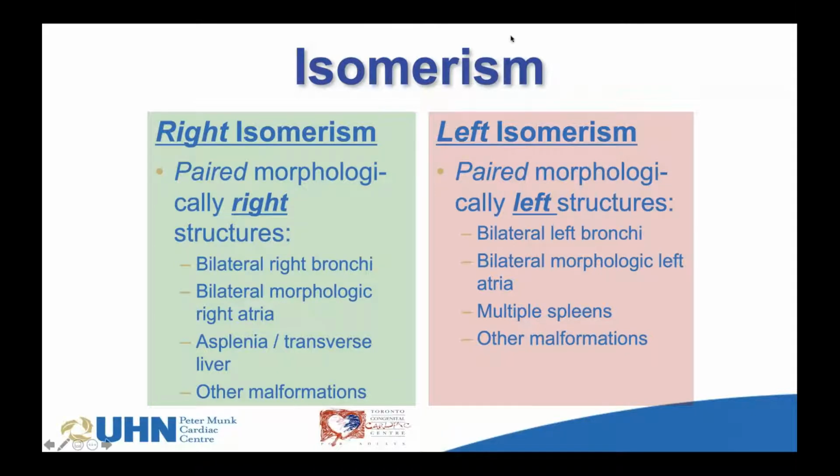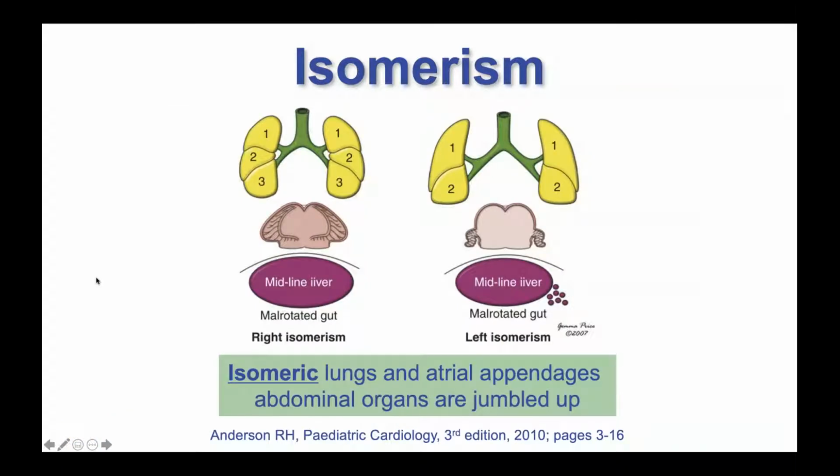In the setting of left isomerism, you have paired morphologically left-sided structures. You have two left lungs, you have two left atria. Usually patients have multiple spleens and many different congenital heart defects are associated with isomerism.